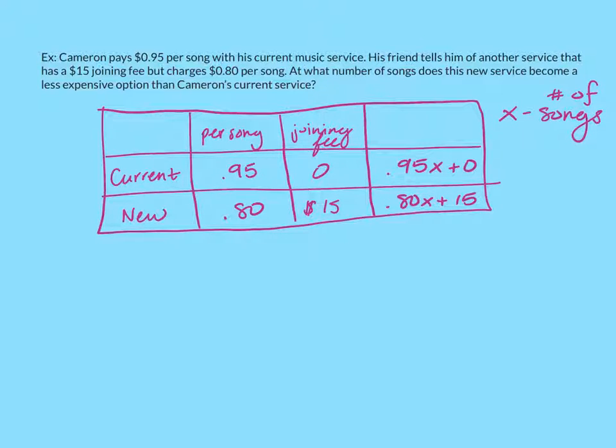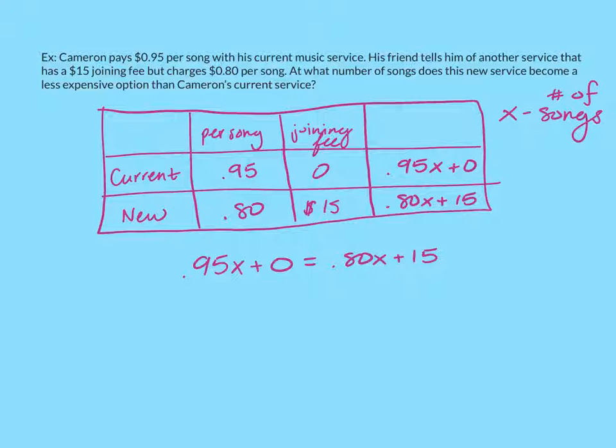And we want to see at what number of songs this new service becomes a less expensive option than Cameron's current service. So we're going to set the current total price equal to the new total price and solve for x. So we're going to do 0.95x plus 0 equals 0.80x plus 15.